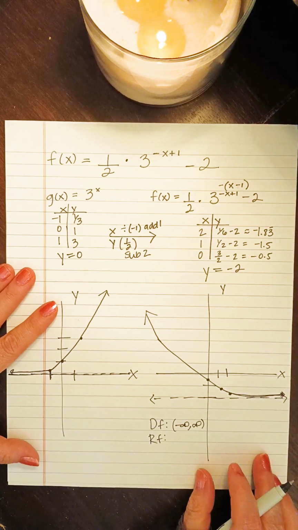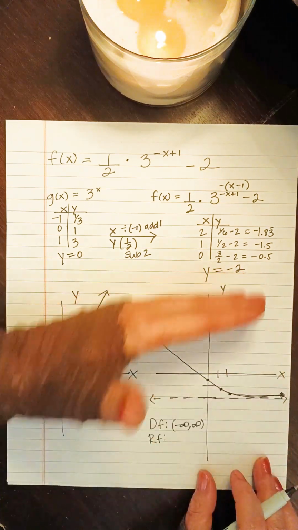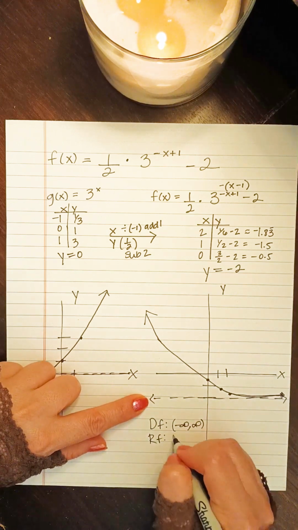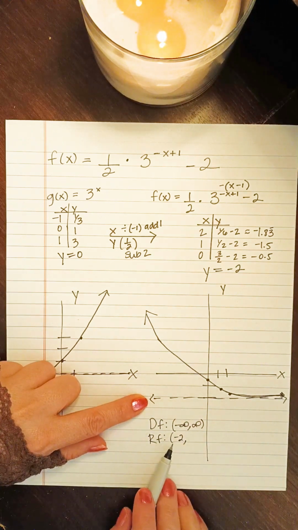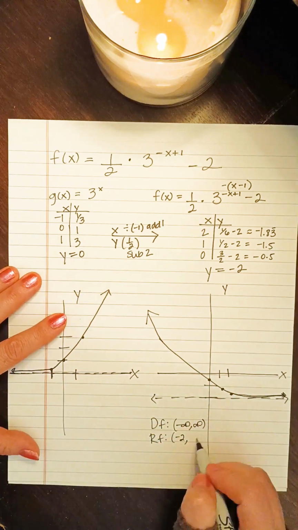The range, all you have to do is look at the graph and we read bottom to top. The lowest part of the graph is here at negative 2, but we don't include it, so we use parentheses, which denotes that it's not included, right? Because that's an asymptote. And then the graph just keeps going up.